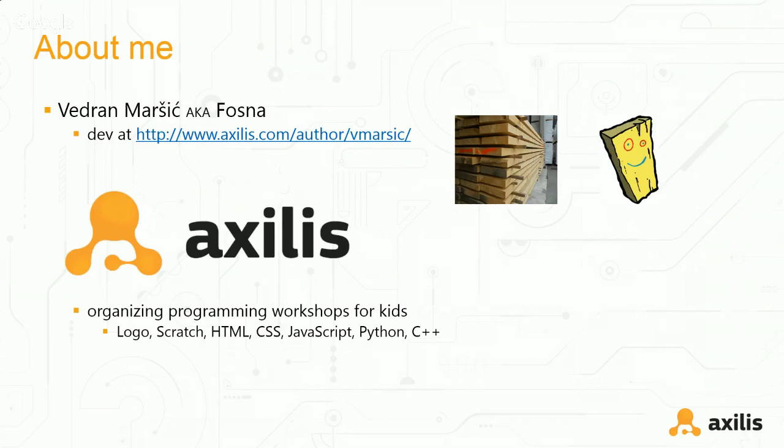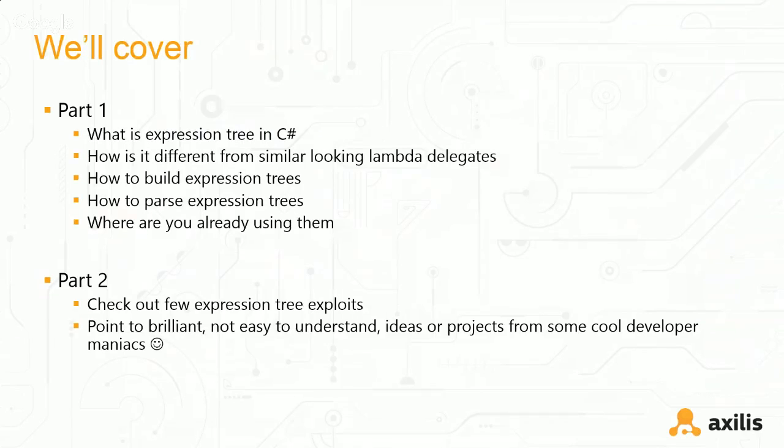So I'm Fosna, you know me. Last time we compared the abstract syntax tree that Roslyn uses when compiling C# and expression trees, which are available in runtime when you write lambda expressions that are then transformed to this form.